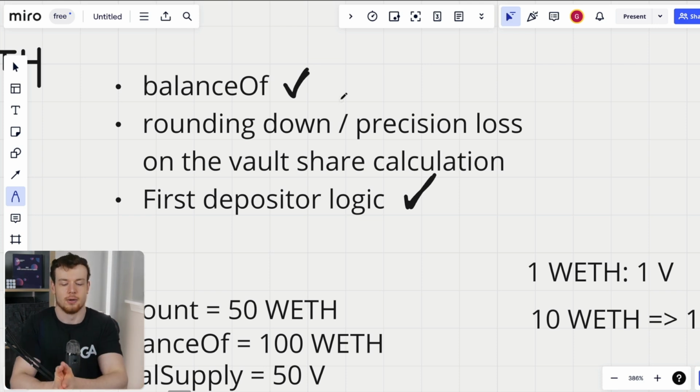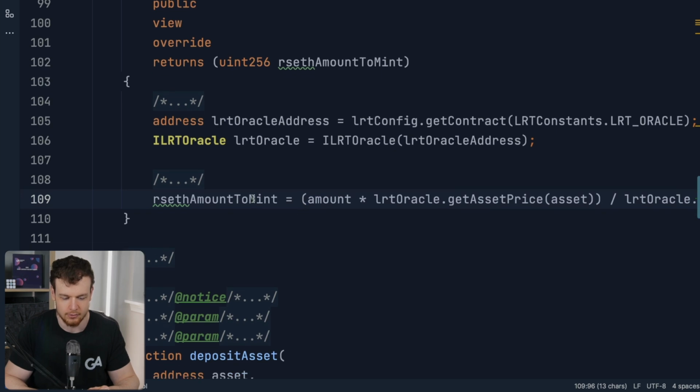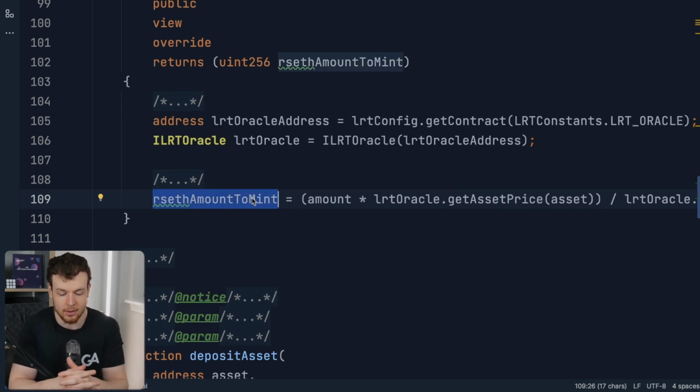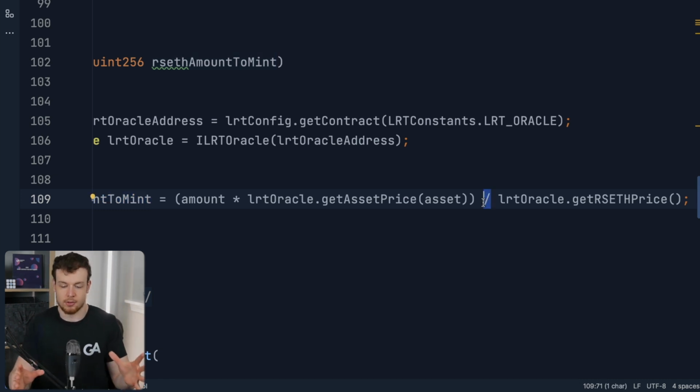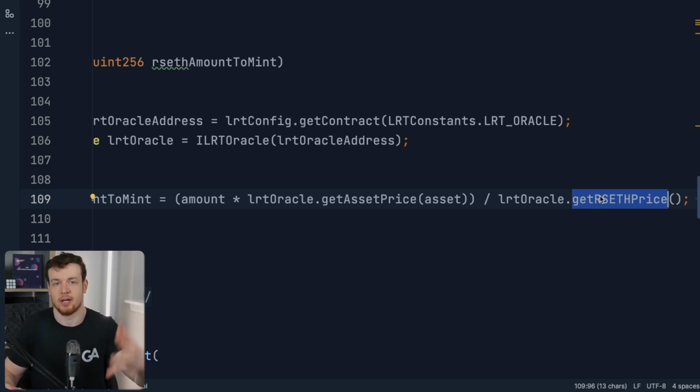So finally, rounding down in precision loss on the vault share calculation. So here we're calculating the RS ETH amount to mint. How can we get some sort of precision loss there to make the first depositor lose their shares? Well, right here we have a division symbol. So if we deposit and we just directly transfer a ton of staked ETH or something to this contract to inflate the price of RS ETH, right?